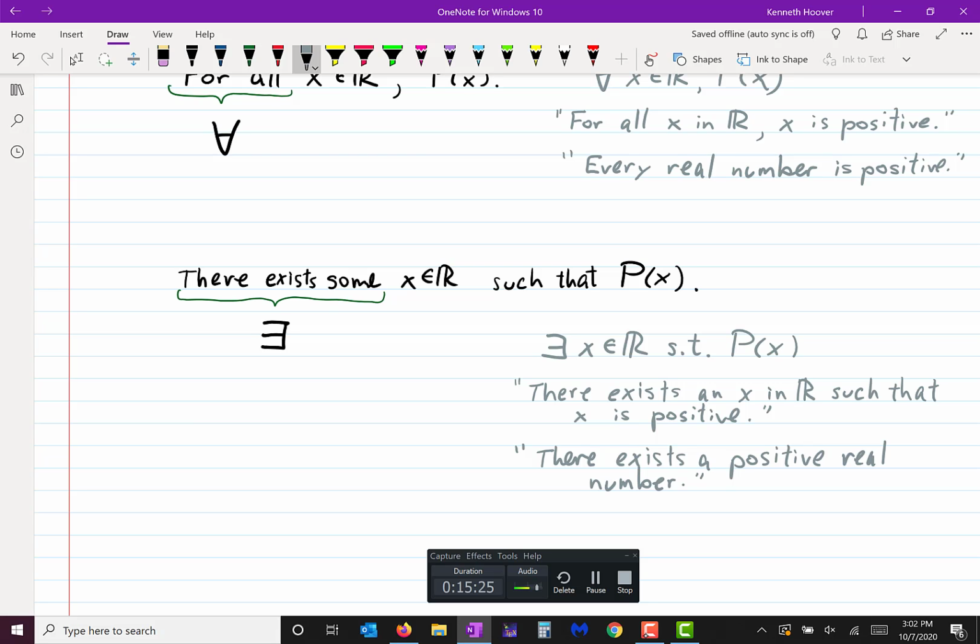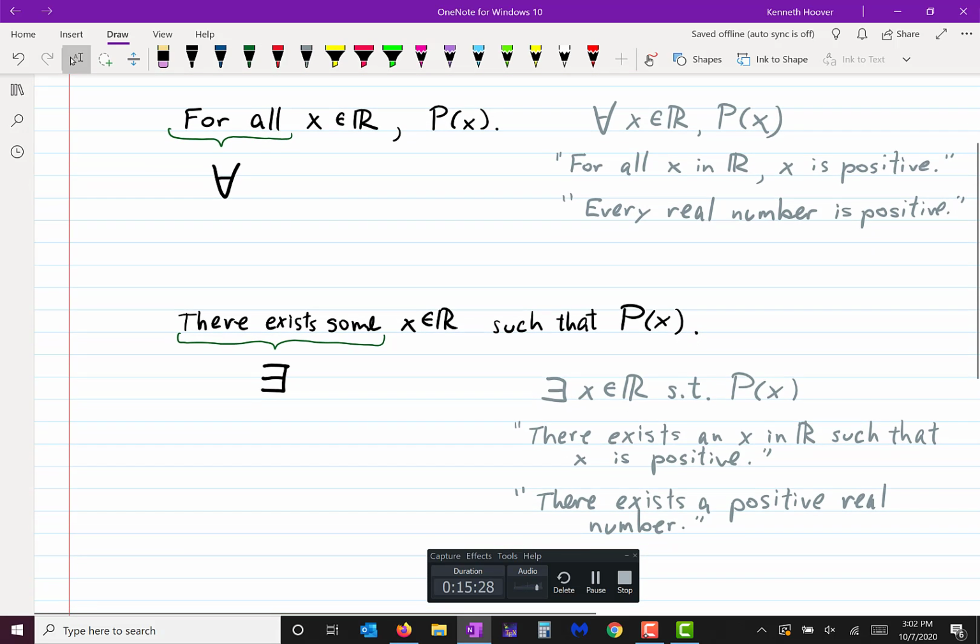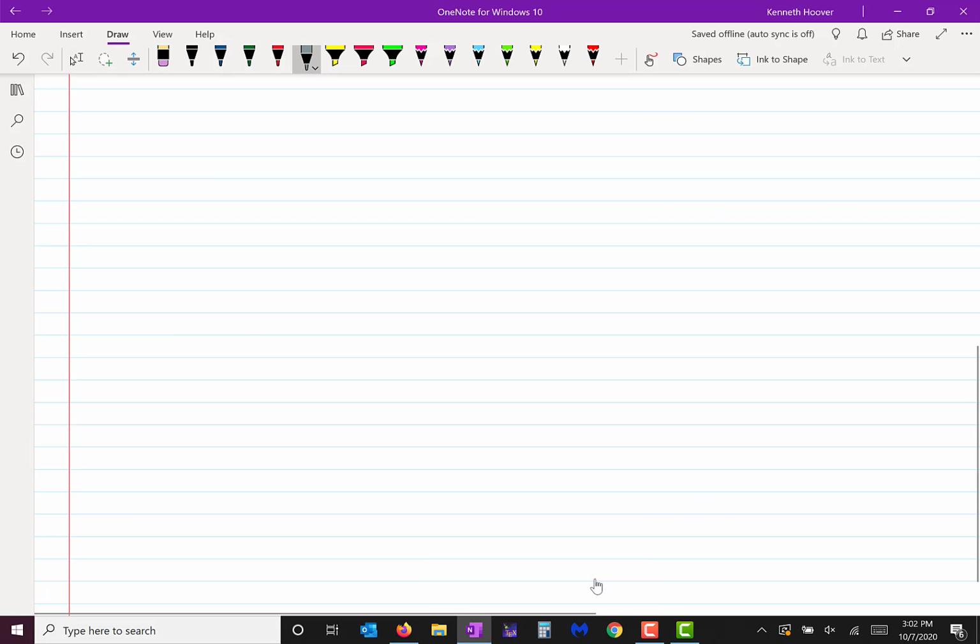Now you can put these together. Like something like this. What if I want to say every real number has a cubed root?